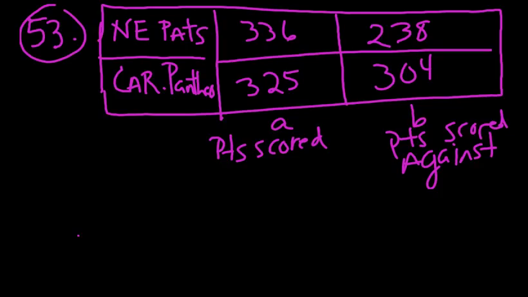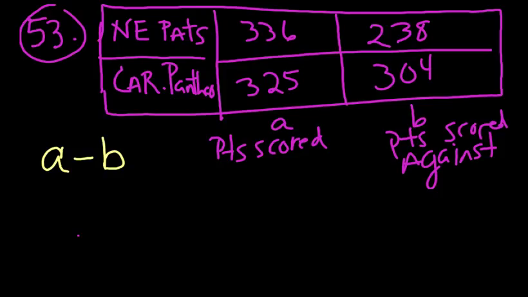A football team's net score for the regular season is given by the expression A minus B, where A is the total number of points the team scored, and B is the total number of points scored against that team.